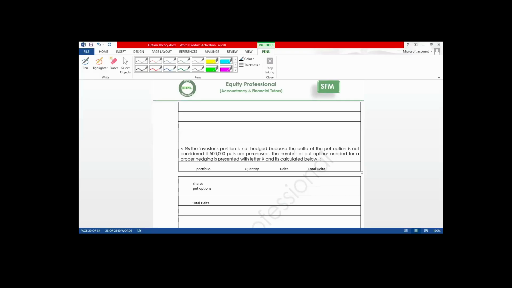Now, if your answer is no, advise on the number of put options needed for a proper hedging. How many put options do we require to properly hedge 500,000 shares?